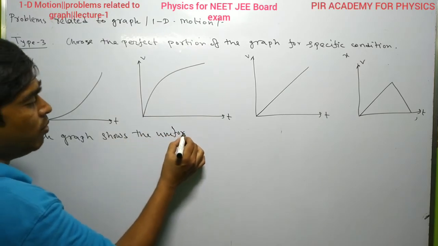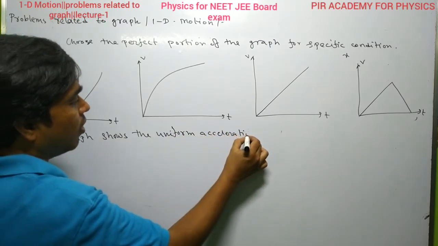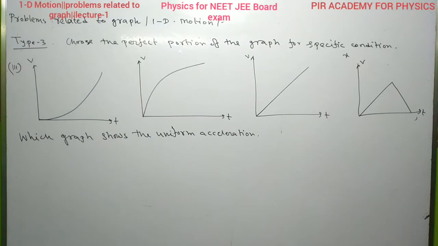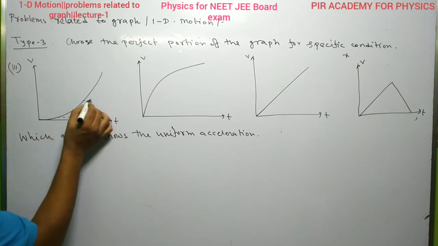Uniform acceleration. Which graph has a uniform acceleration? You have to find it. Here you see that the slope is increasing.